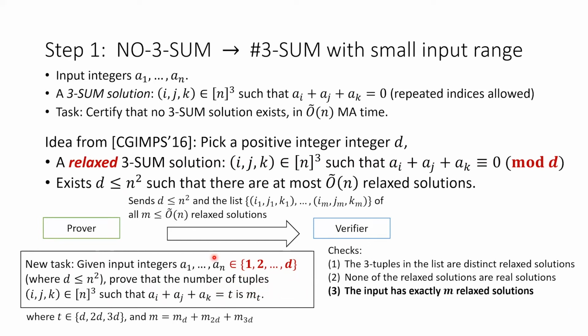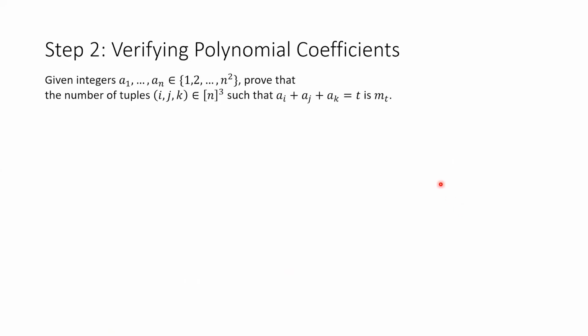And we'll repeat this for every target t from the possible multiples of d, which are d, 2d, and 3d. And we want to prove the solution count for each of them, and we want to check that they sum up to m.